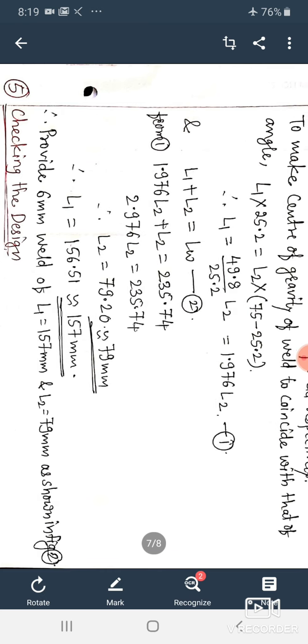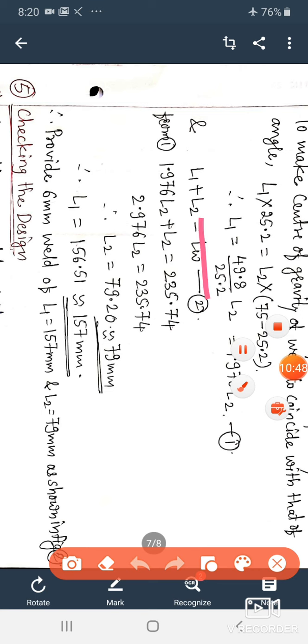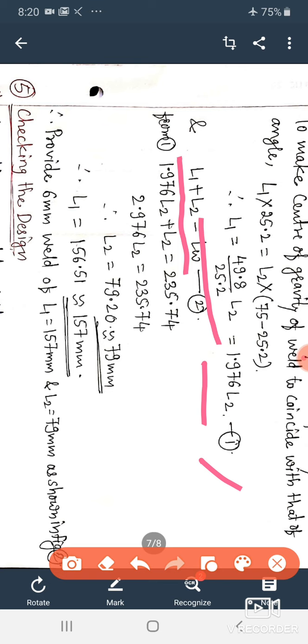So you will be getting L1 in terms of L2, that is L1 equals 1.976 L2. Two unknowns means we require two equations. By taking the moment, we got one equation, and L1 plus L2 equals LW, that is nothing but the total length of the weld.